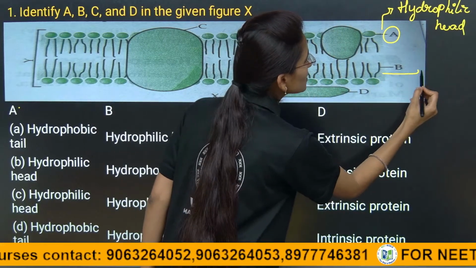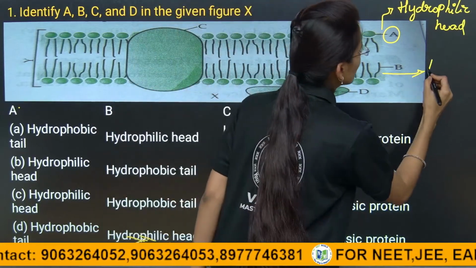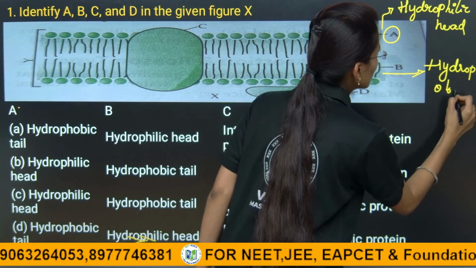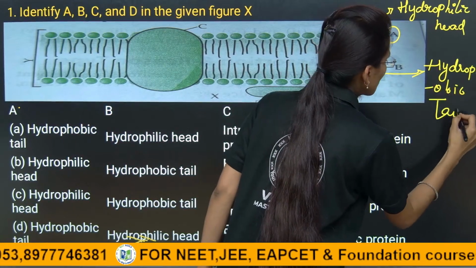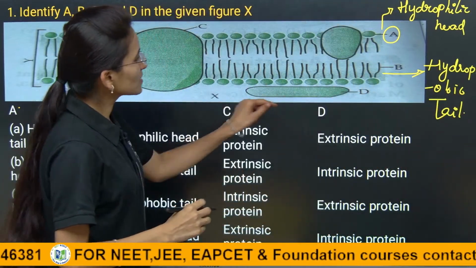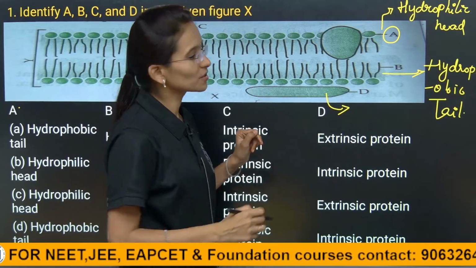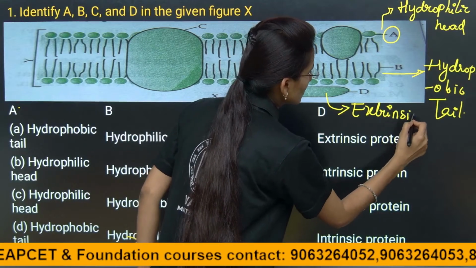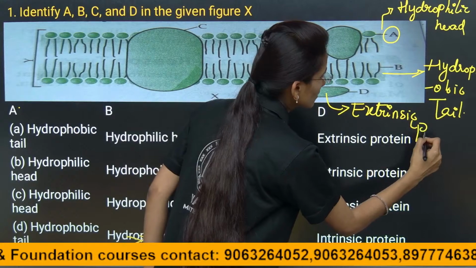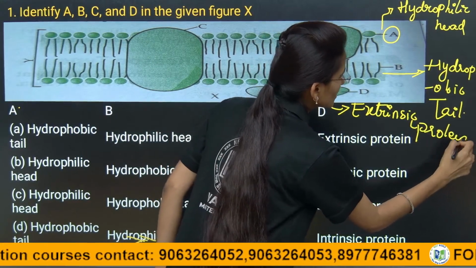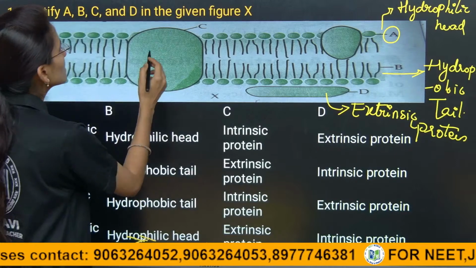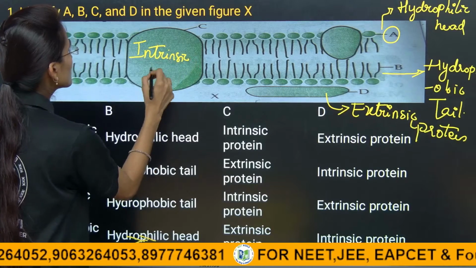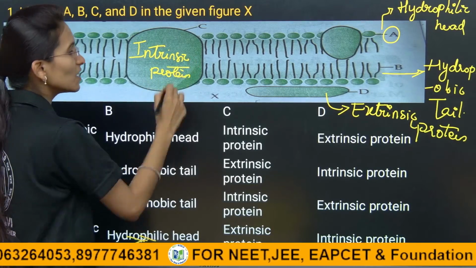And next B represents hydrophobic tail, okay. And then next D represents what children? D represents extrinsic protein, okay. Yes. And then next C represents intrinsic protein, okay. Now clear with all the labeling parts.